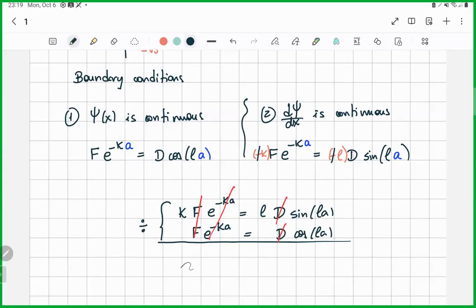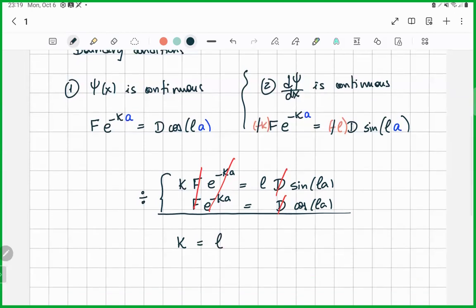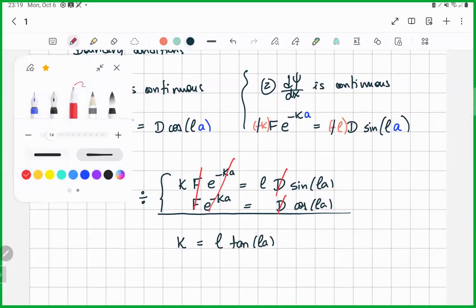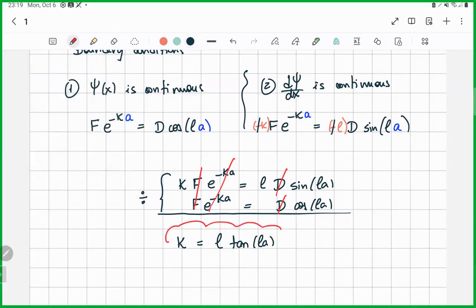So what survives is kappa on the left side. On the right side, we have L. And what is sine divided by cosine? It's tangent. So you see, very nice, we got an equation that will give us energy.